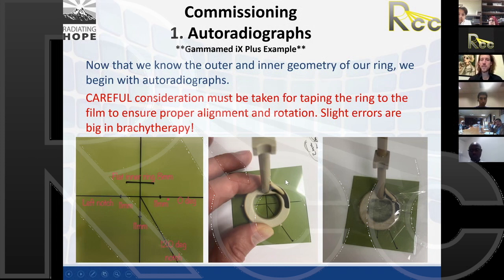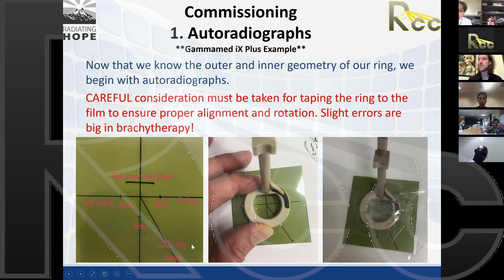Okay, so in this autoradiograph, you have to be very careful about taping the ring to the film to ensure proper alignment and rotation. So if you've got a slight rotation, that can cause large errors in your source positioning. So be really careful. So I took vendor models. So in my particular ring, I have a little notch here and a little notch here. According to the vendor documents, this exact angle was 120 degrees.